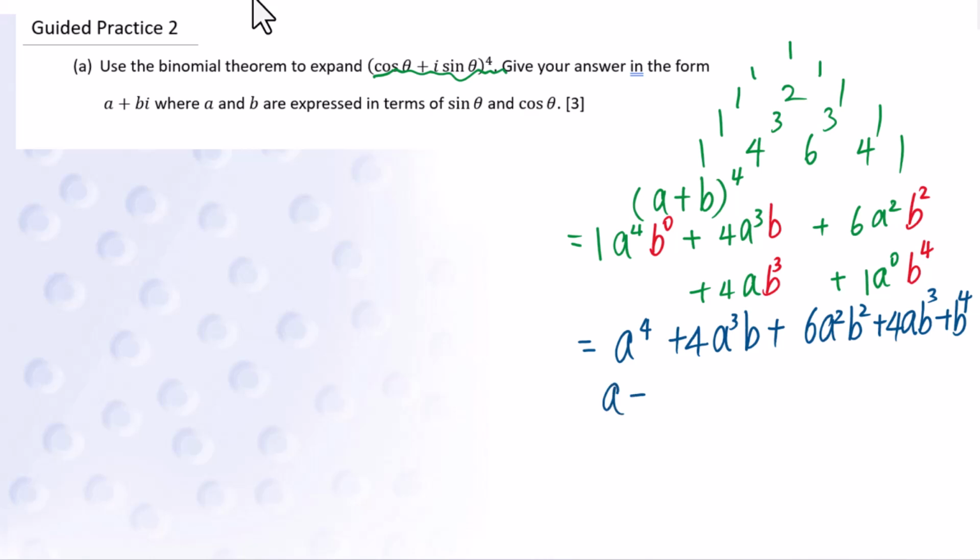Then we will make a equals cosine theta, b equals i sine theta.